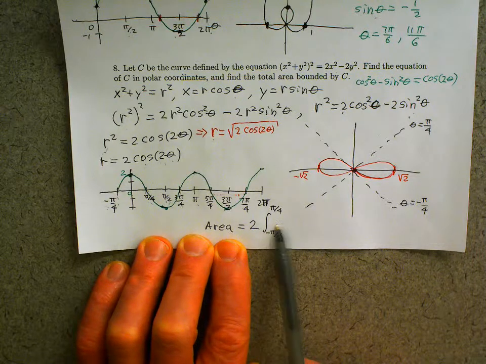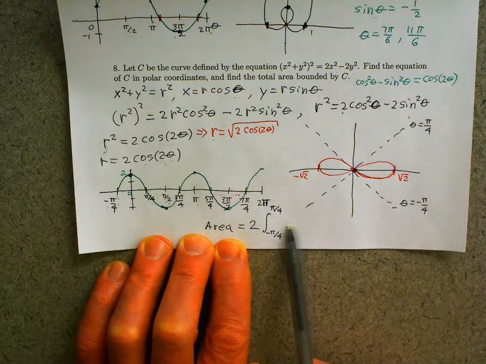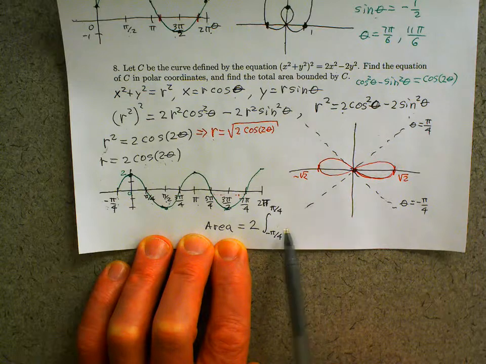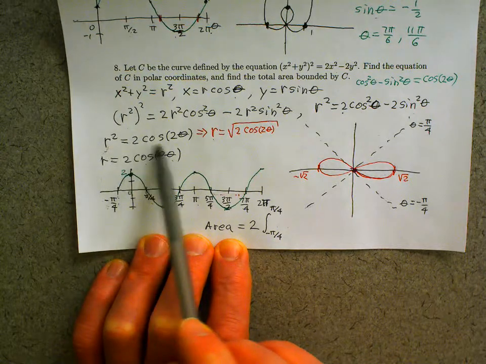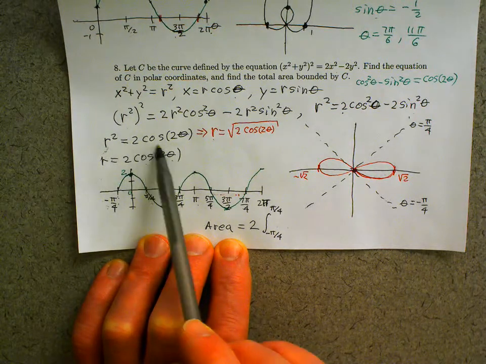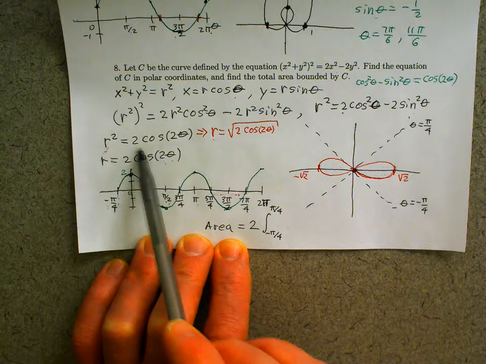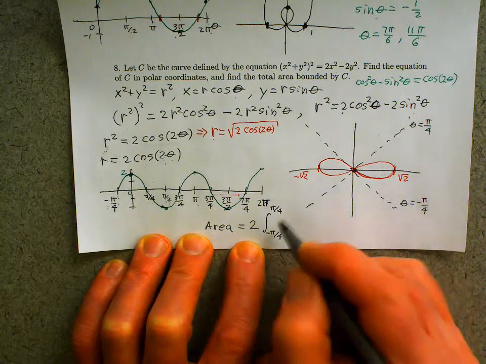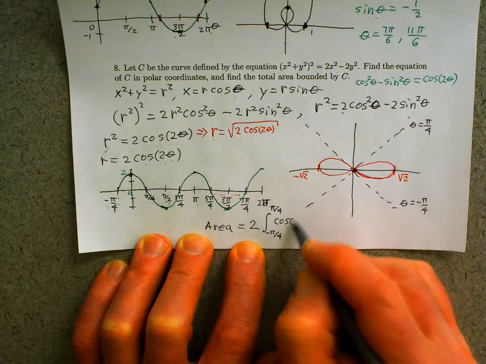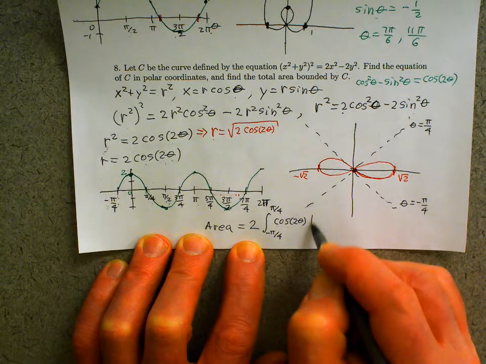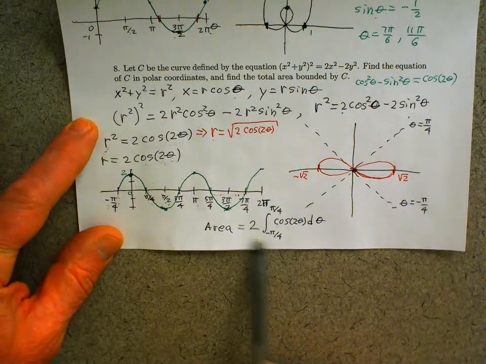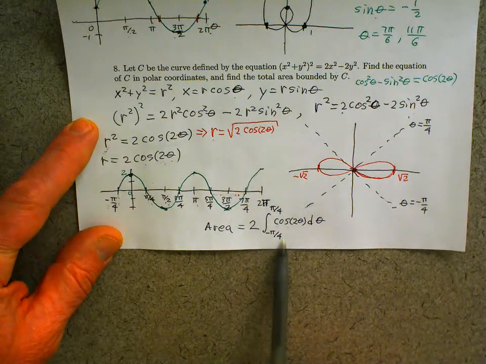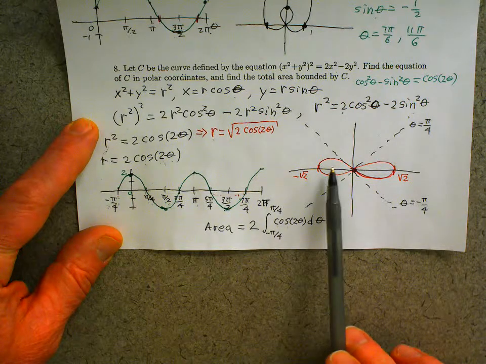And the integrand for finding areas enclosed by polar curves is 1/2 r squared. Well, r squared is 2 times cosine of 2 theta. So 1/2 r squared is just cosine of 2 theta. And so all you have to do is evaluate this integral, and that will give you the area of both loops.